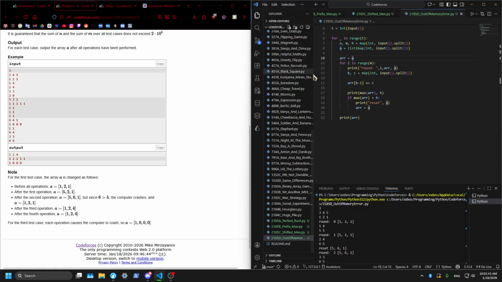Like, I needed to make a copy of A right here instead of pointing to the same object.